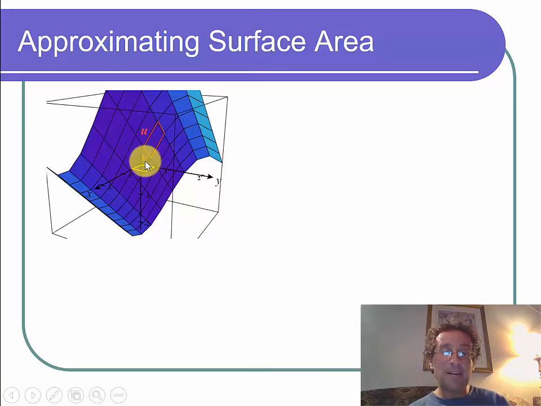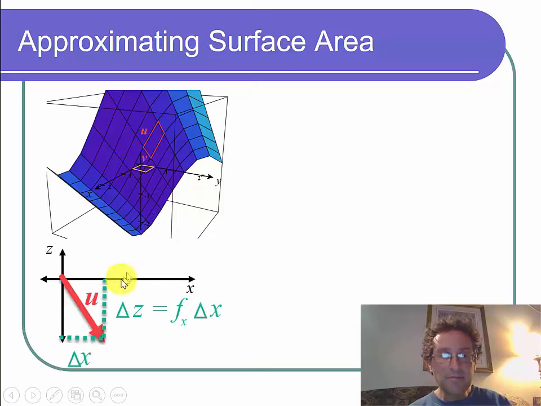To find that out, I need to find the vectors u and v. So let's investigate a little more closely. Notice that u is the projection of the vector delta x, basically i, up onto the surface. So y isn't changing at all, and we can write this in the xz plane.